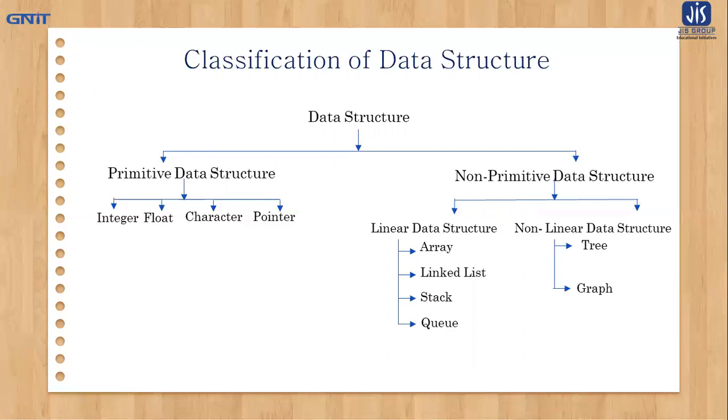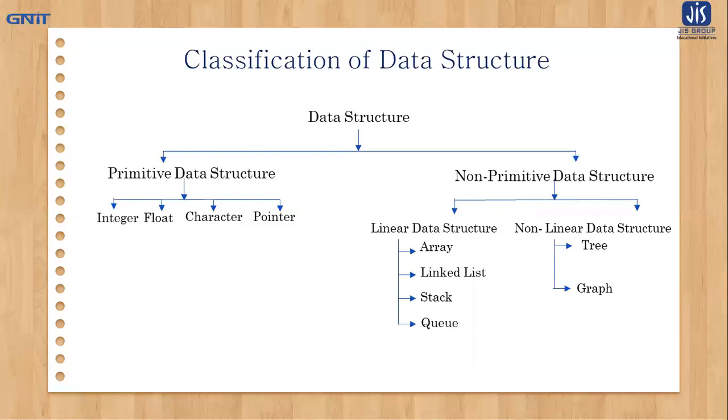Actually, we will implement the programs using C language. So what are the primitive data structures for that? That is integer, float, character, pointer. This kind of data we can store in our system.